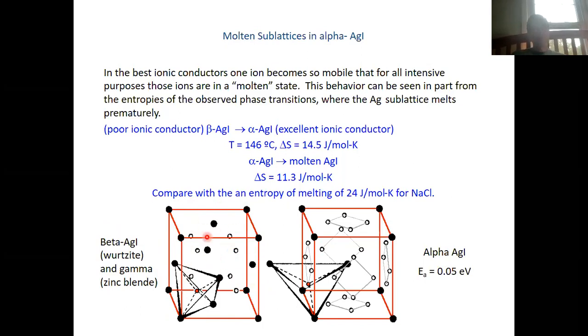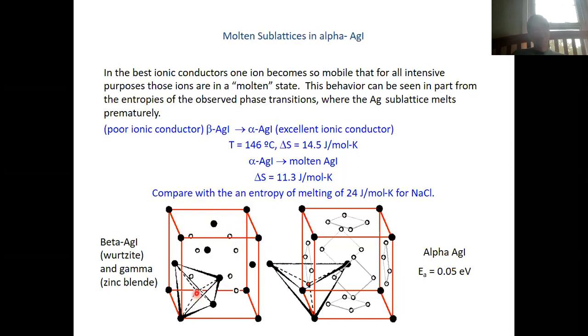Remember, in the wurtzite structure, we have a face-centered cubic unit cell with 50% of the tetrahedral holes being filled. The iodide ions make the face-centered cubic unit cell, and we have our tetrahedral holes inside of that unit cell, but we only need to fill 50% of them.